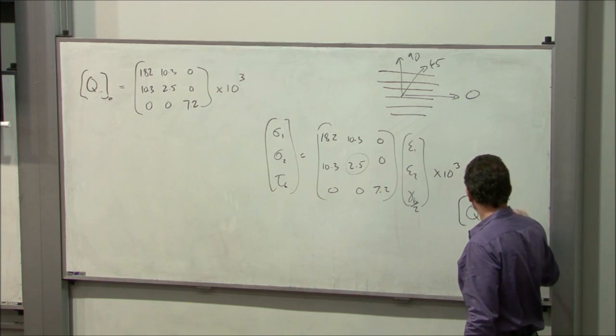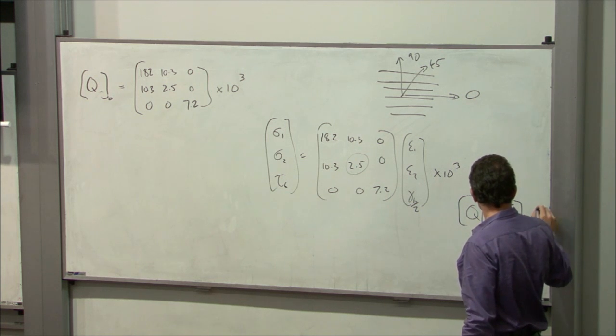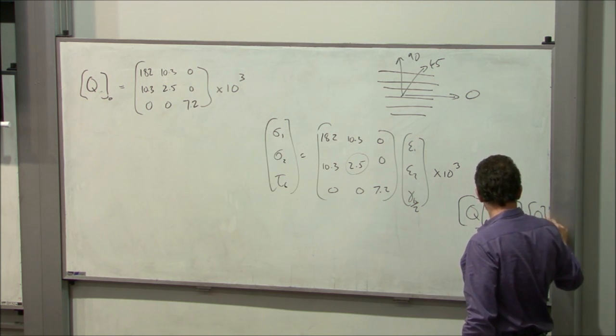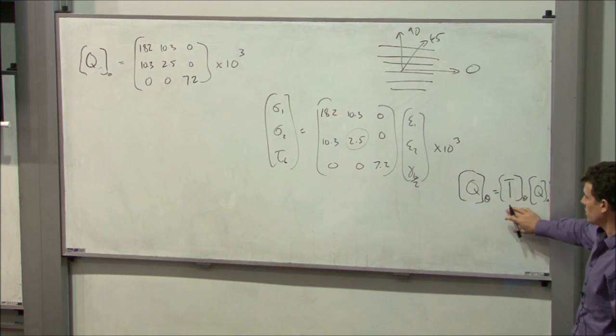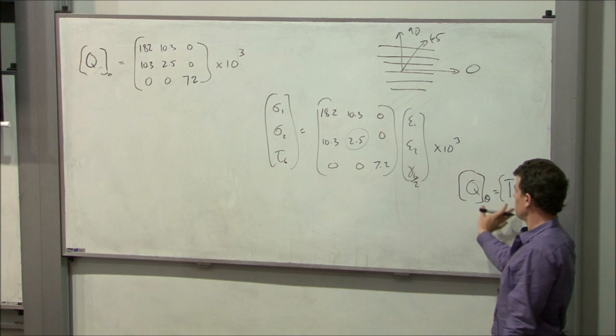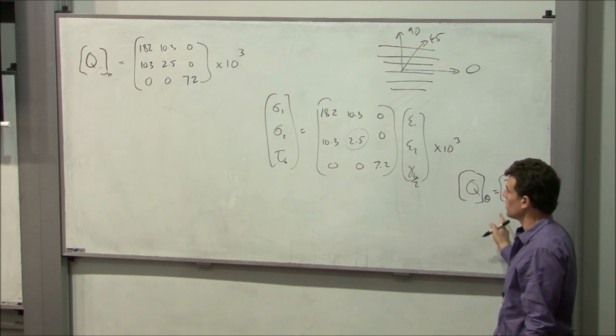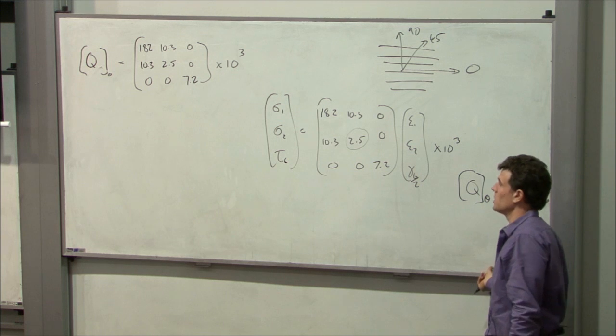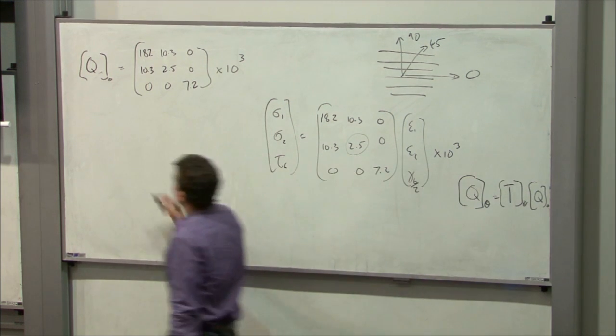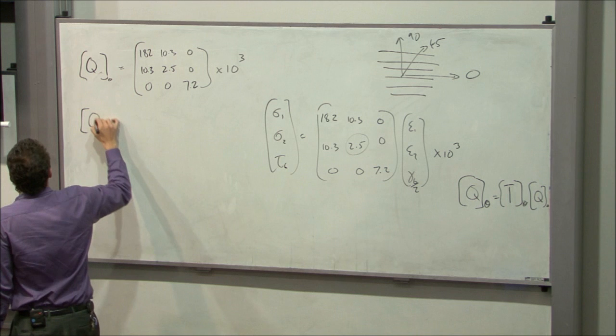Q theta equals T theta times Q naught. Okay, you could do any kind of transformation. We're not going to worry about transformation matrices because they're cumbersome and tricky to do in class. What we're going to do is do a quick cheat transformation, and the one that we can do without even thinking is 90.